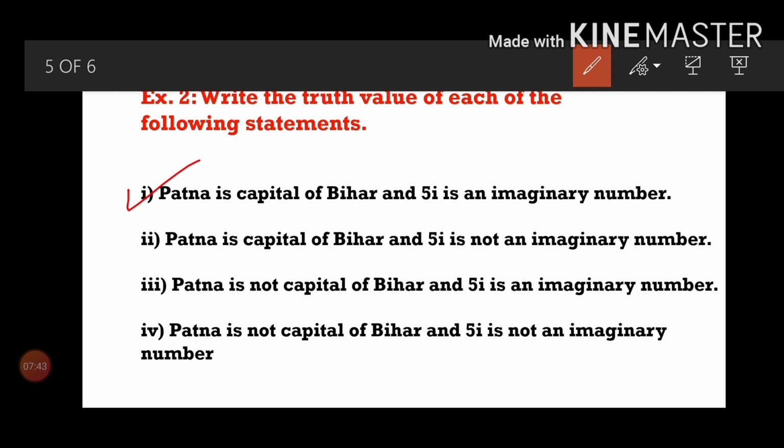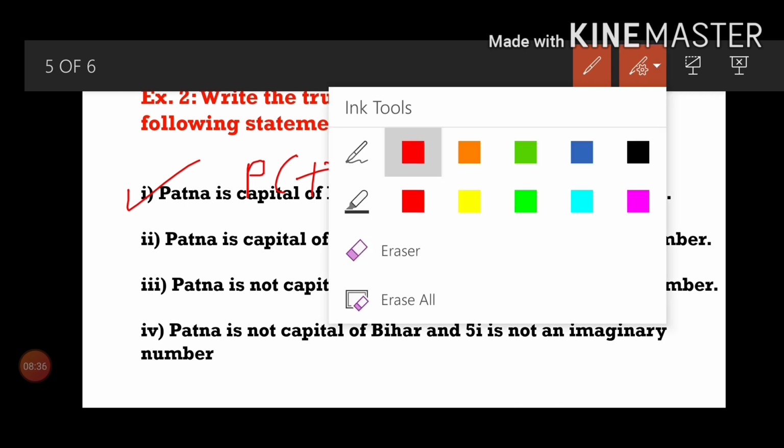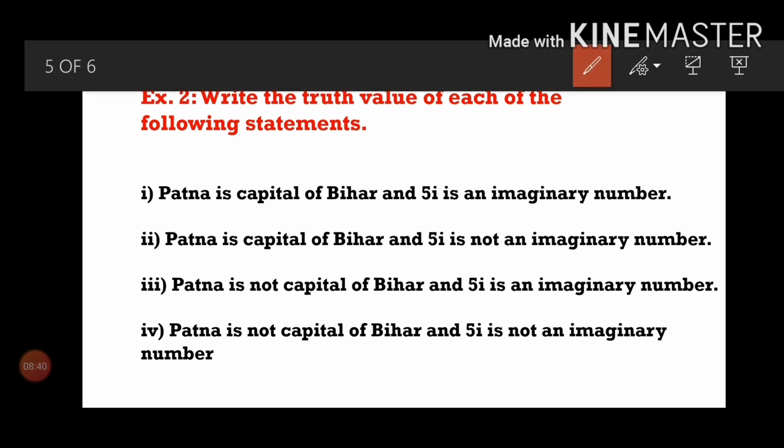The first sentence, Patna is capital of Bihar, is denoted by P, joined by the conjunction sign 'and'. The second statement, 5i is an imaginary number, is denoted by Q. Both sub-statements are true, so the truth value is T. First statement true and second true, so T and T equals T.